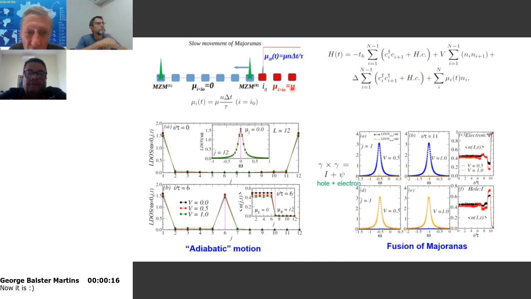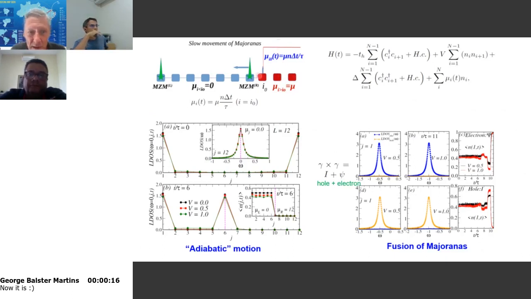But if we slowly increase the potential, first where I am with the pointer, then in the next site, then in the next site, essentially we are reducing the length of the Kitaev chain. We are not doing it by killing sites, but simply by raising the potential there so much that electrons don't want to be there.